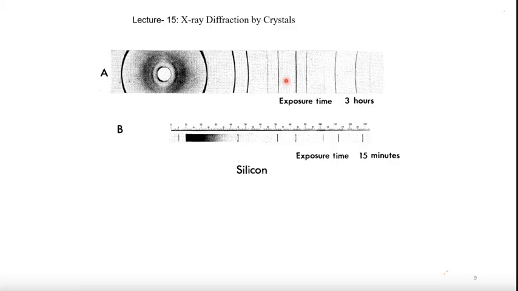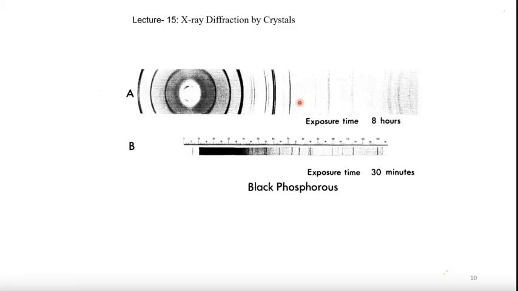If we take the next slide, you see an almost clumsy Debye-Scherrer pattern with 8 hours exposure time, of a black phosphorus sample. And here, with the Guinier focusing camera, the exposure time is 30 minutes instead of 8 hours.